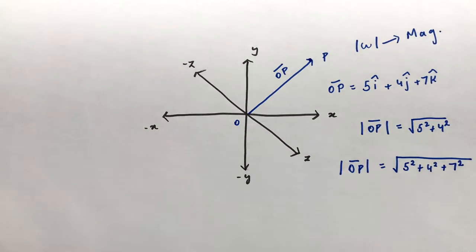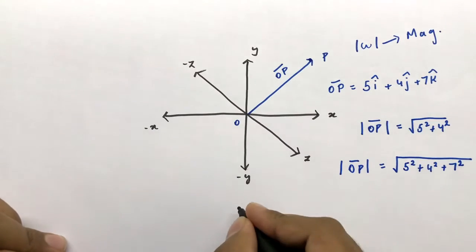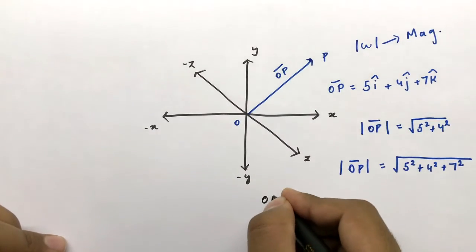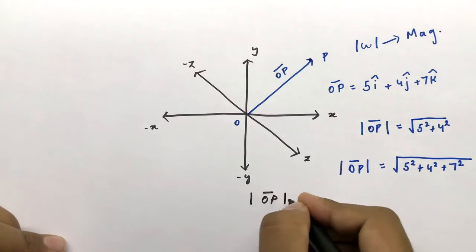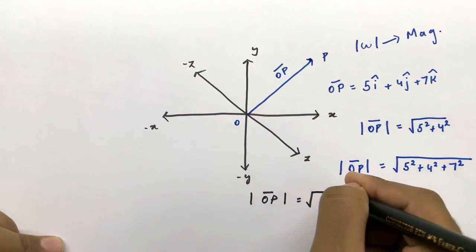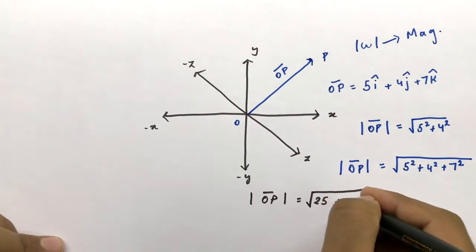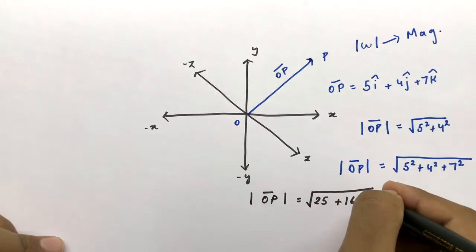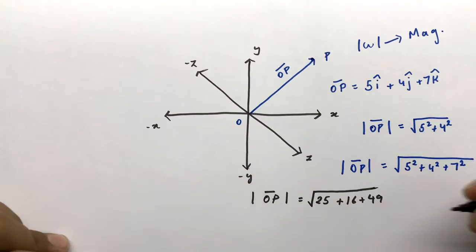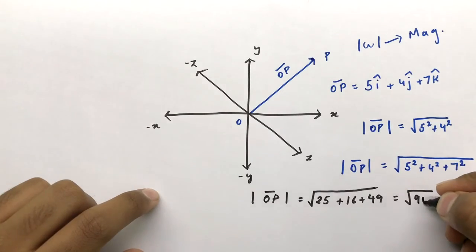It's as simple as that. Now once we finish this, we'll get the magnitude of the vector, which in this case will be mod OP bar, mod again represents the magnitude, is equal to under root 5 square is 25, 4 square is 16, 7 square is 49. So now this happens to be under root 90.